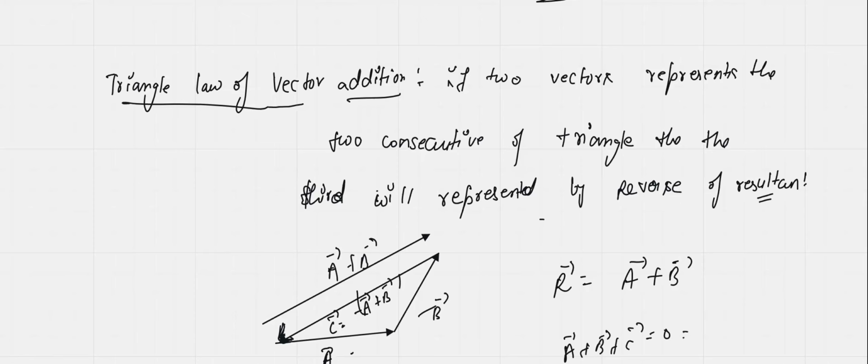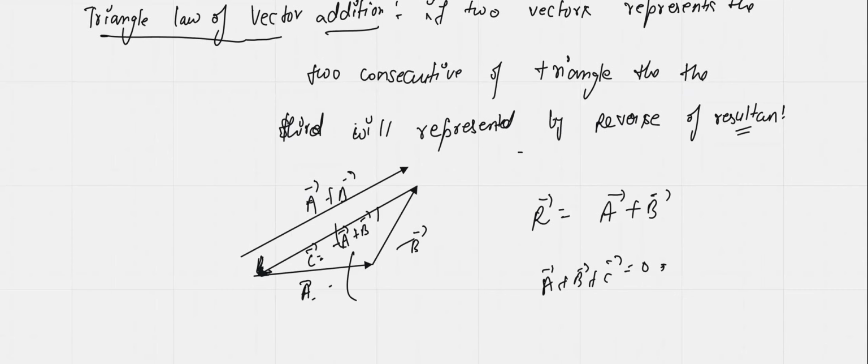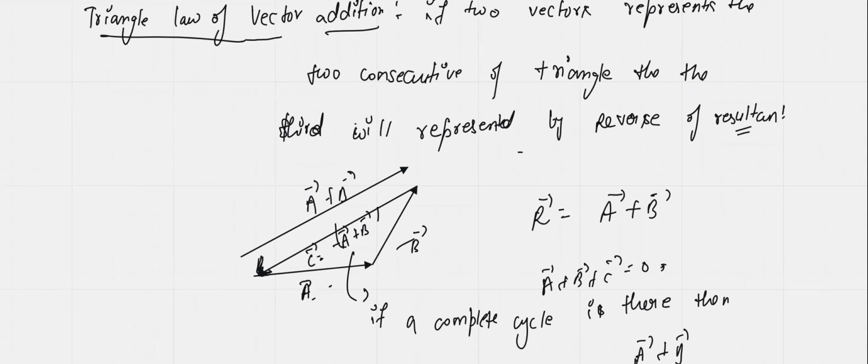Moreover, if it creates a complete cycle, then A plus B plus C, all three vectors, if they are forming a complete set, the resultant will be 0. Is that clear? Understood?